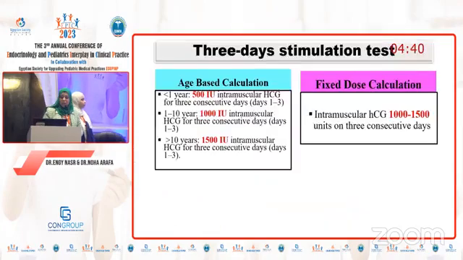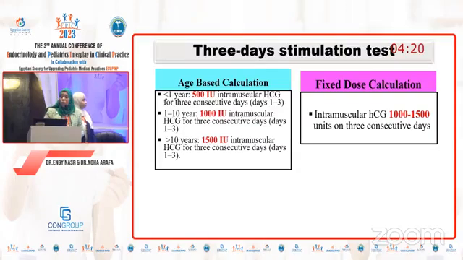And we have different protocols. We have the 3 days stimulation protocol, which has different methods for calculation, the age-based calculation, where the patient is given the calculated dose according to the age for 3 consecutive days.